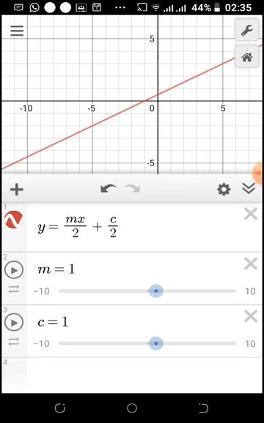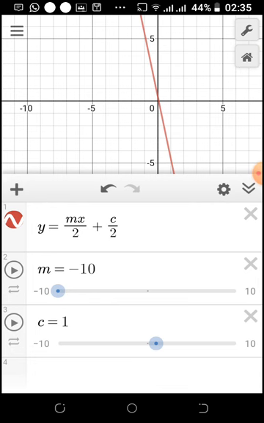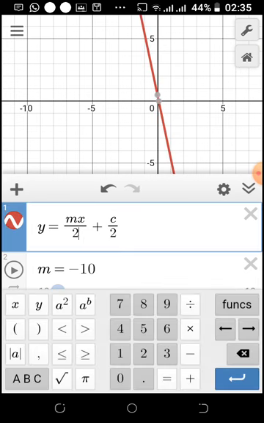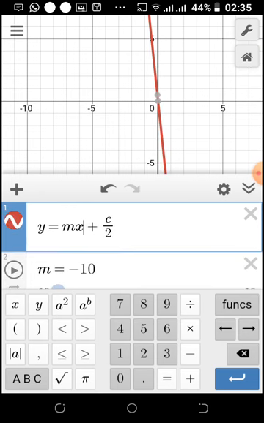Let me say that m is minus 10. When m is minus 10, let me remove the fraction, the 2 first. Let's just have it as the general form.